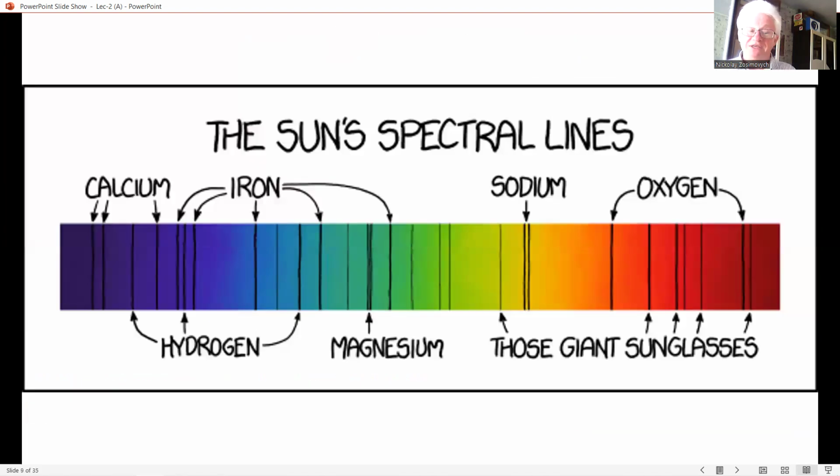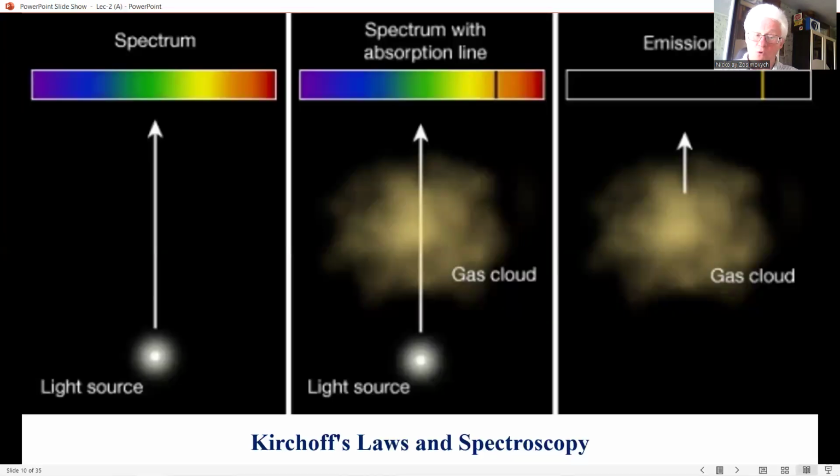The spectrum of the sun is an absorption spectrum, and that can tell you a great deal about the photosphere. You know from Kirchhoff's third law that an absorption spectrum is produced when a continuous spectrum is viewed through a gas.